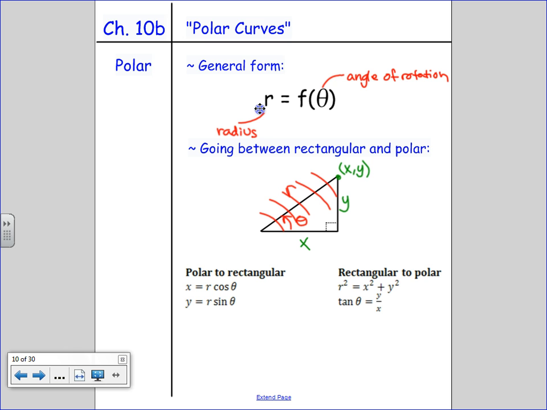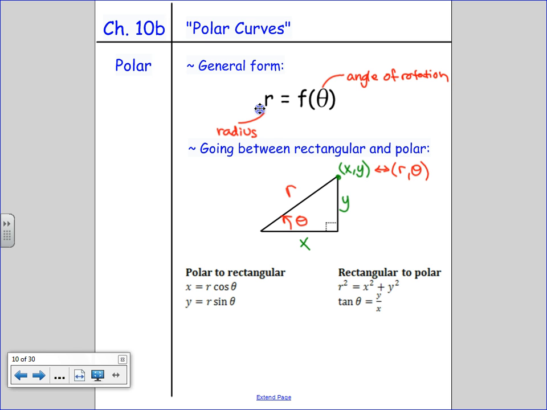Whatever that distance is, that would be the point r theta. Turn a certain angle, go out a certain radius. You'll see it in a second if you haven't before.